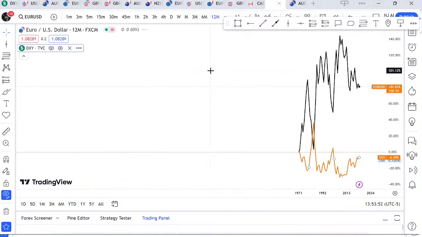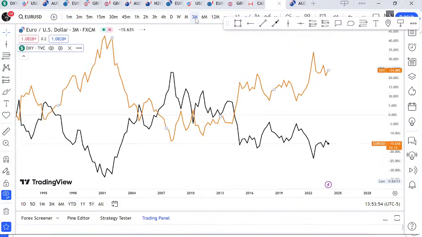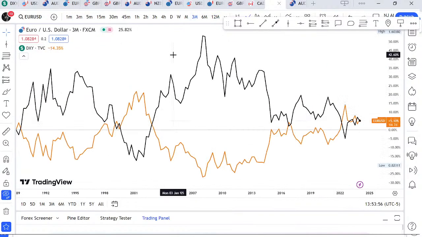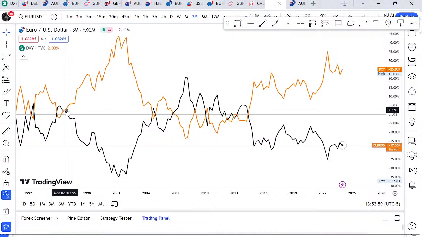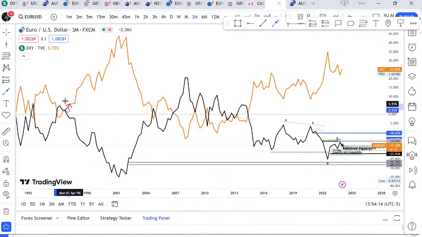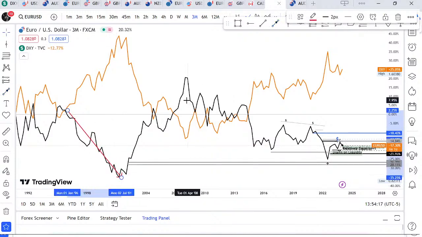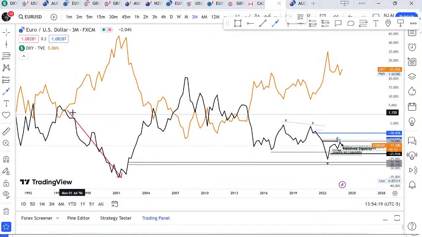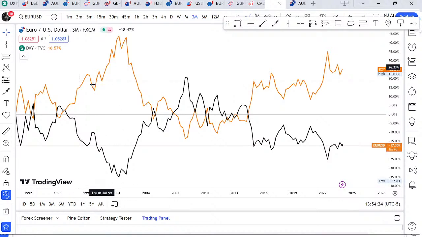As you can see, they are perfectly negatively correlated. You can see when DXY, which is the dollar index, was moving up, at the same time Euro USD was coming down. This was coming down, at the same time this was going up. It's an example of negative correlation.